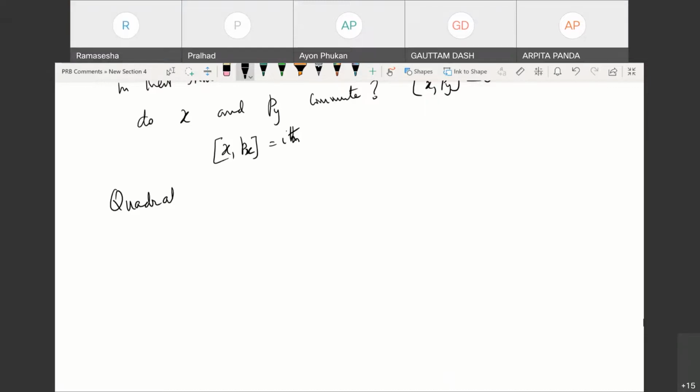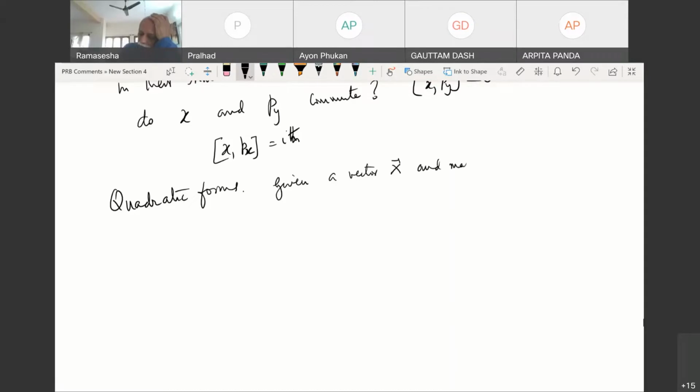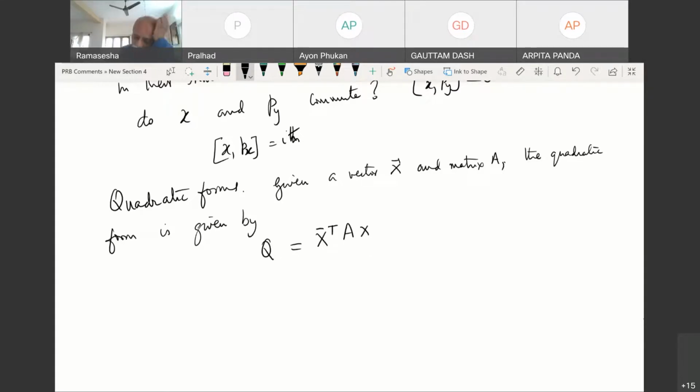Given a vector x and a matrix A, a quadratic form, called Q, is given by x bar transpose A x.